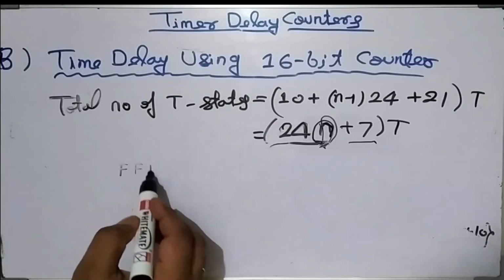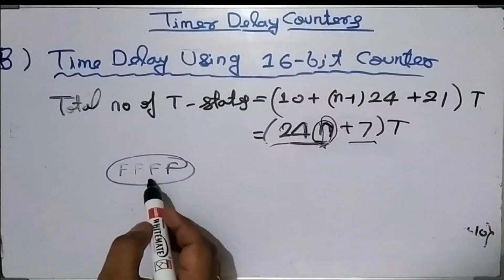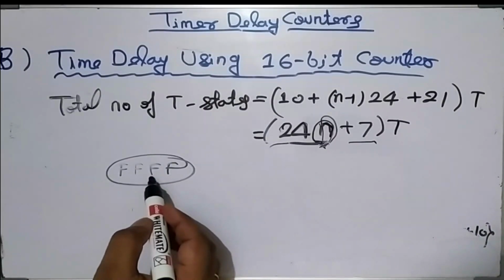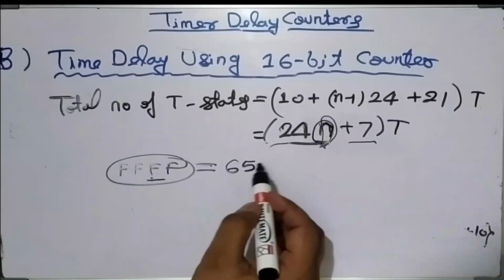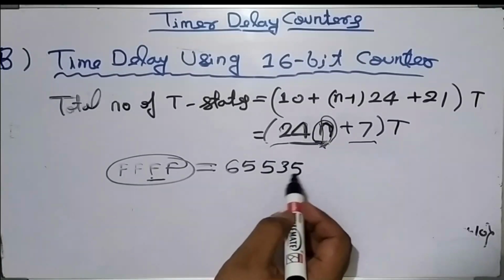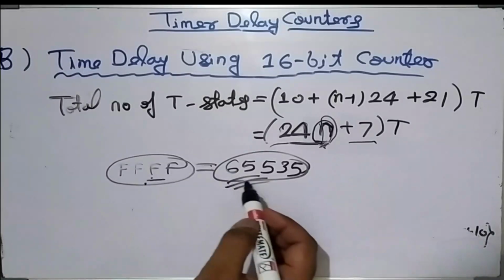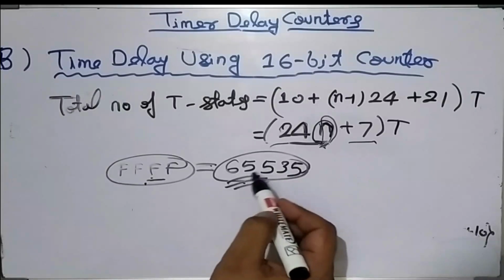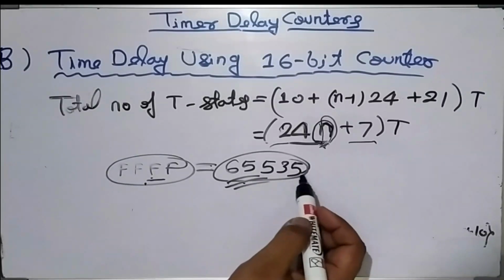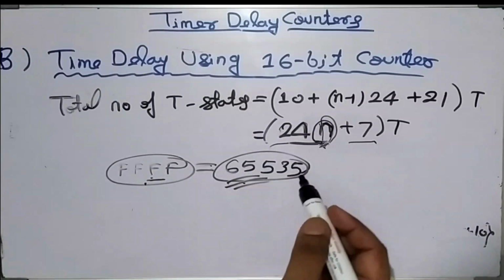This is the maximum number which can be stored in the BC register pair. And what is the maximum value of this? This will be 65535. Okay, this is the decimal equivalent of this value, and by putting n equals 65,535, we can calculate the required time delay.